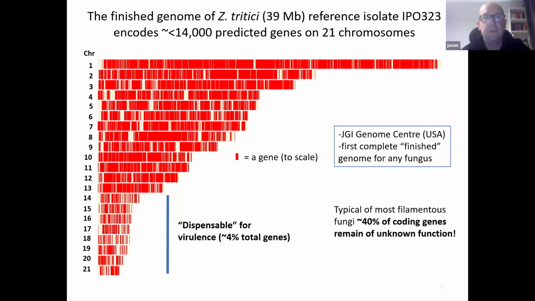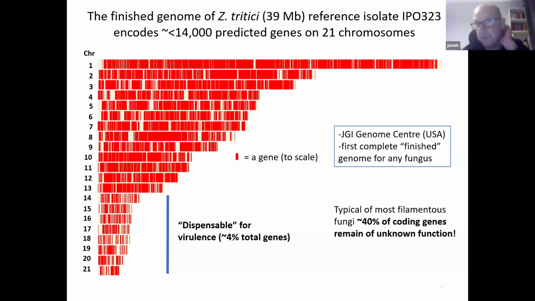The other important feature was that obviously we've had fully sequenced genomes for some time. We tend to work on this one, which is one of the globally accepted reference strains of this pathogen, called IPO323. You can see here the fully finished genome of IPO323, which was done, wow, some time ago now by the JGI over in the US.